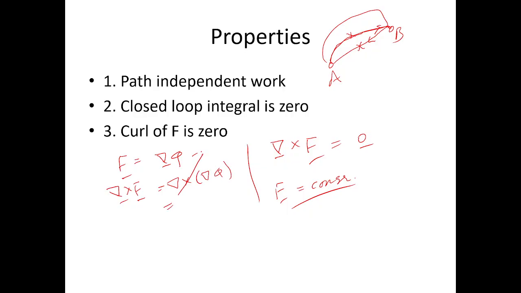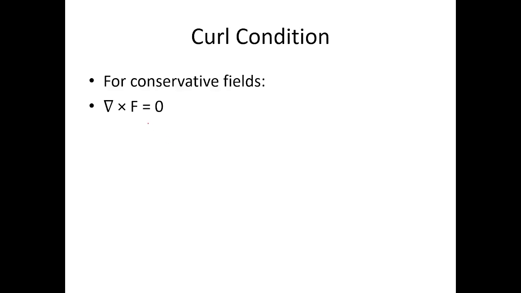But this should be 0 because del and del phi are in the same direction, so curl is 0. This is one direct proof in one direction, and we will do it in the opposite direction as well. For a conservative field, curl is 0. That is the curl condition for the conservative field.